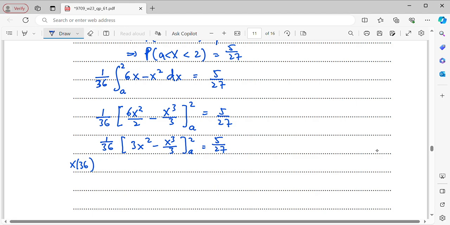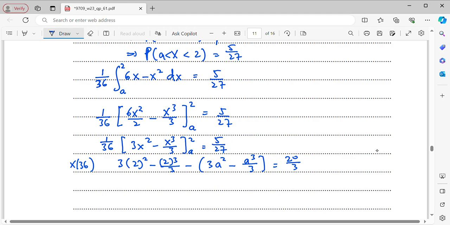Then here I will be getting 3, replace the x by 2, minus 2 cubed over 3, then minus, replace the x by a. So I will get 3a squared minus a cubed over 3. Now for the right hand side, 5 over 27 times 36, you will be getting 20 over 3.